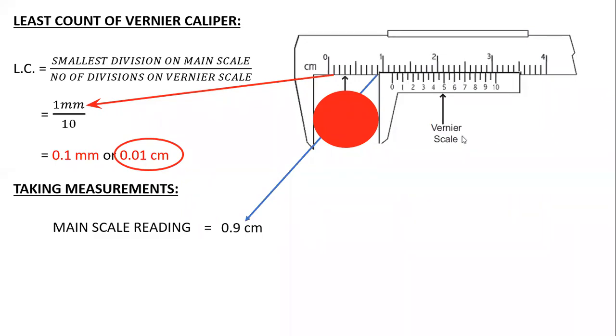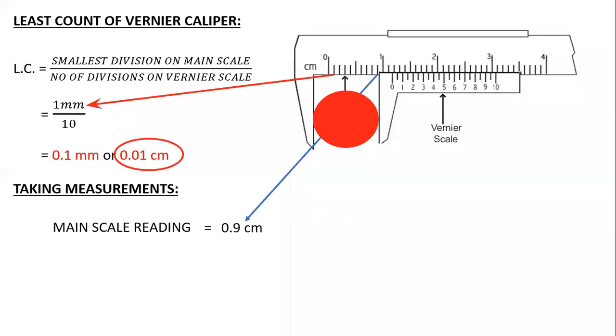Okay, fine. Whenever I talk about the main scale reading, it is always the division which can be seen on the main scale just before the zero of the vernier scale.